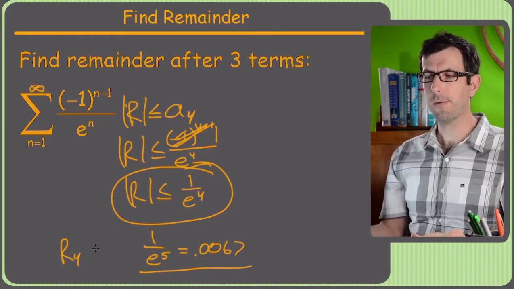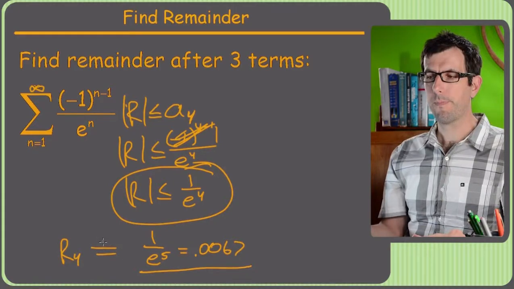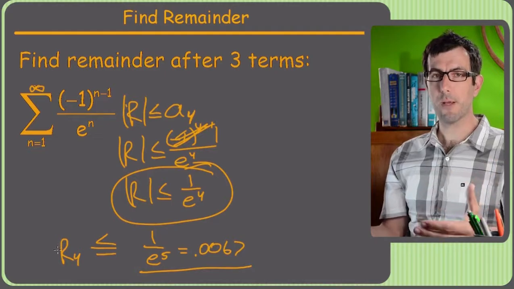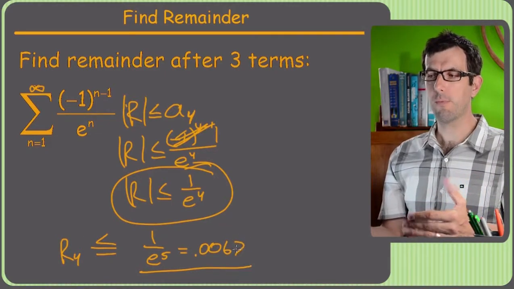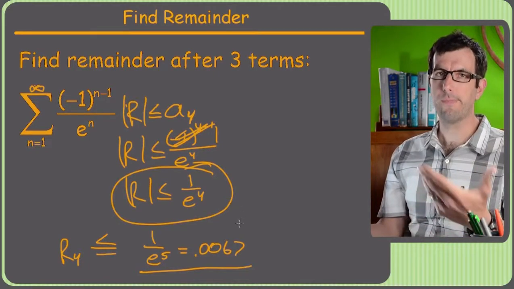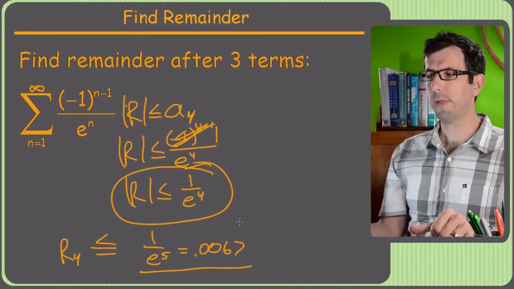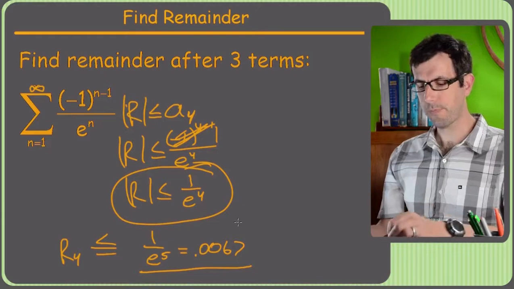So the remainder of 4 is less than or equal to that. Therefore, after you've approximated 4 terms, you've got within 0.0067, or within 2 decimal places, of the correct answer.